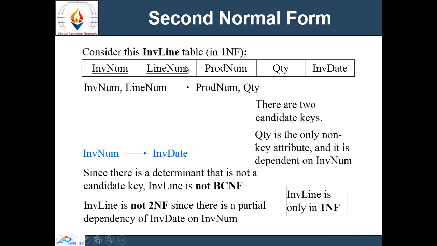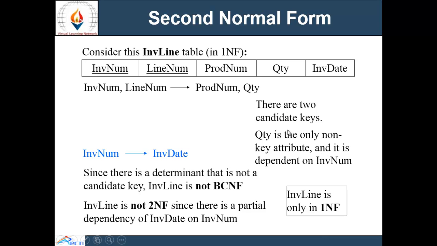If invoice number and line number is the concatenated or composite key, then invoice date is a non-key attribute. If the invoice date is dependent on a part of this concatenated key, then it is a partial dependency.